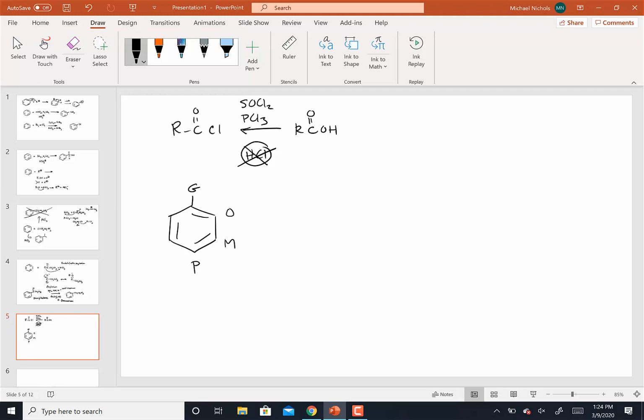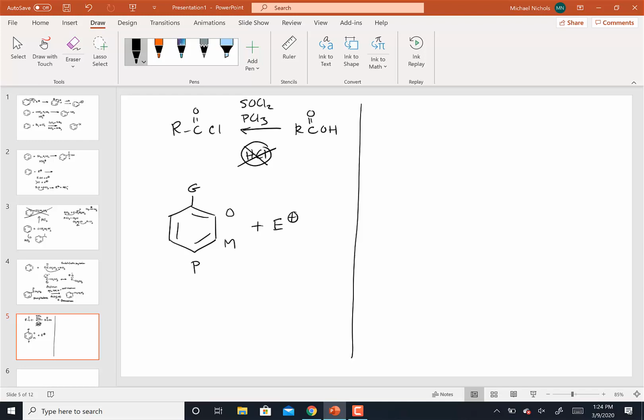So now we have to go back and create our electron donating, electron withdrawing group list. This list comes from reacting the electrophile with that ring, which is a nucleophile.